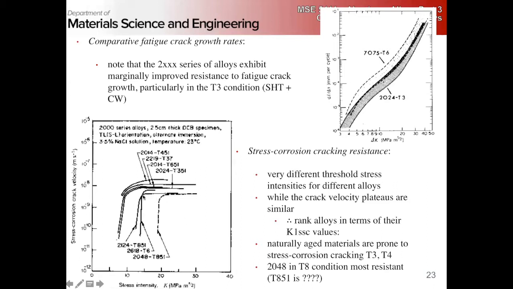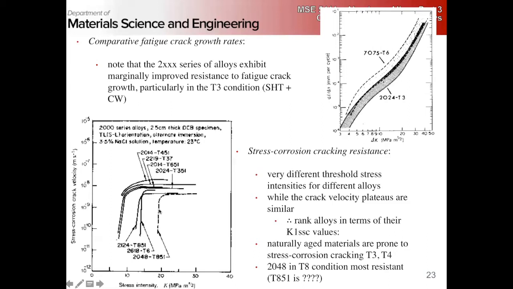In that case, the stress intensities are all relatively similar, but the plateaus are different. So it'll be a slightly different design strategy when it comes to looking at the 7000 series versus the 2000.